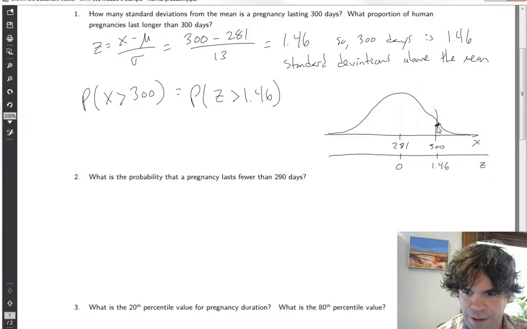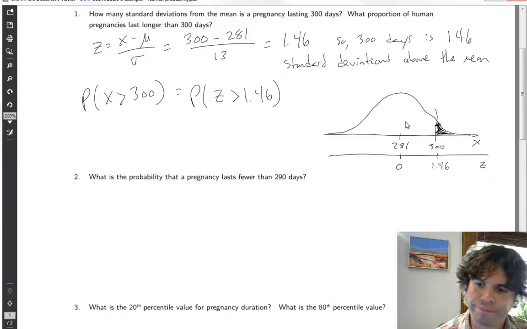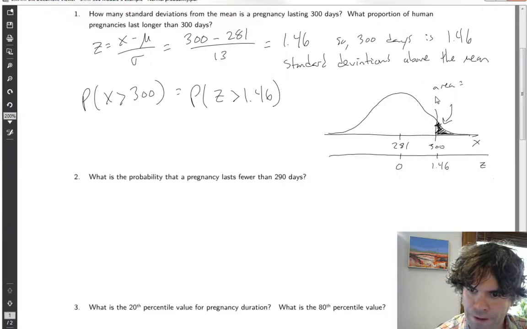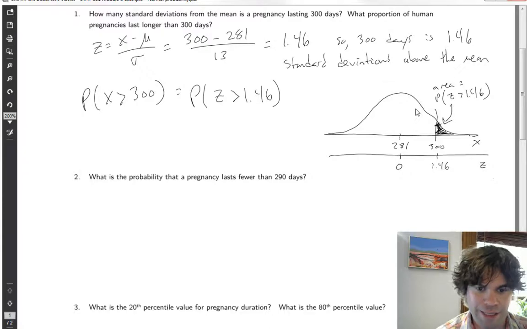And this is the area that we want. That area is the probability that z is greater than 1.46, and that's what we want to find, so we'll pull up the app.